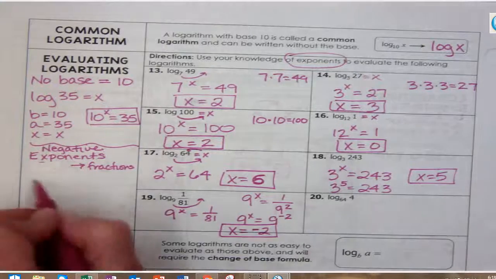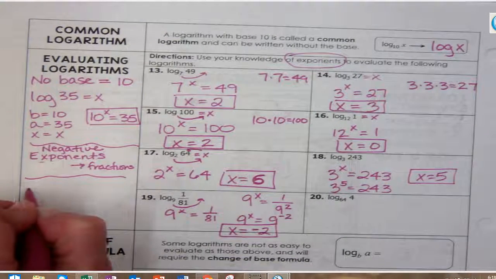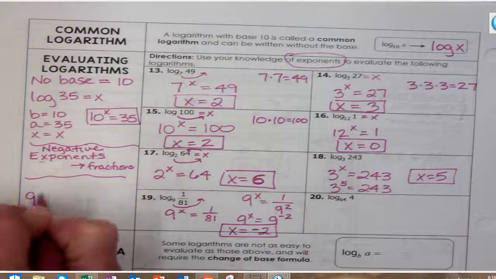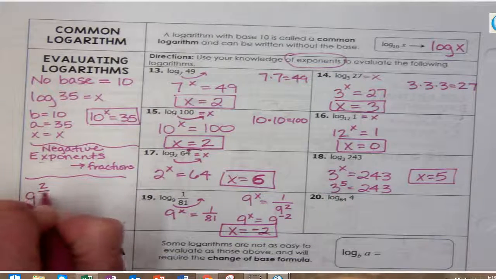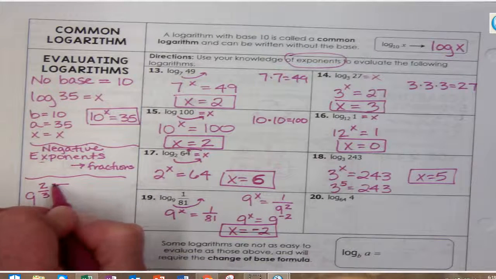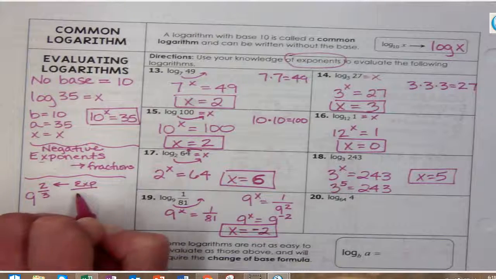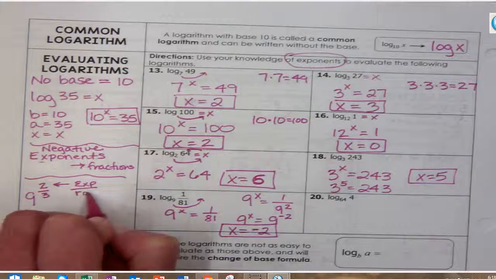Right? And then if you have a fraction exponent, 9 raised to the 2/3, your numerator is your exponent, and your denominator is your root.